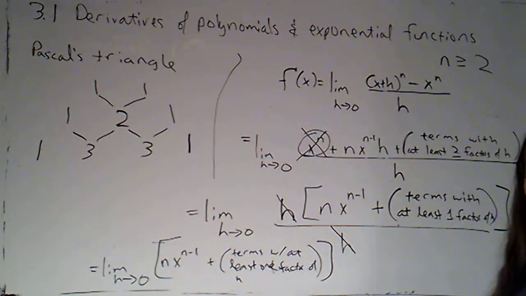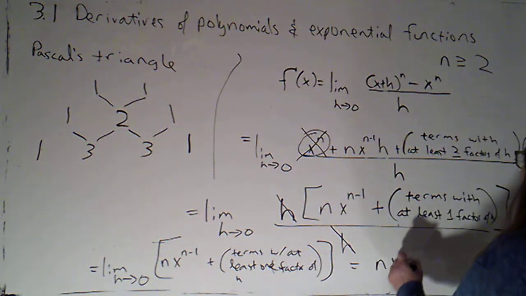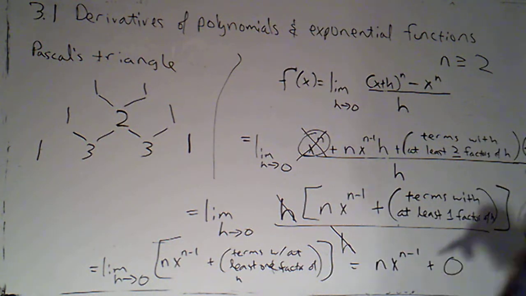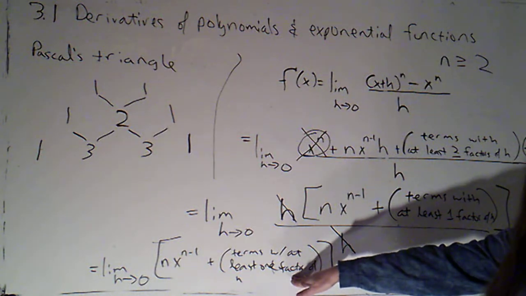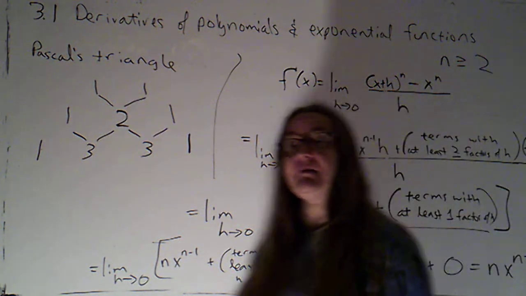But now I don't have that h in the denominator. I can plug in 0 for h. So I'm going to get n, x to the n minus 1. And all of these terms that have at least one factor of h in them just become 0. And so I get n, x to the n minus 1.